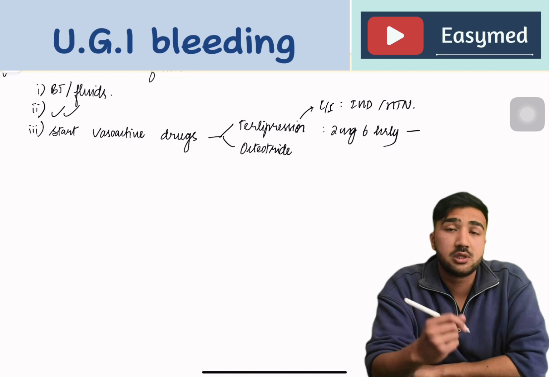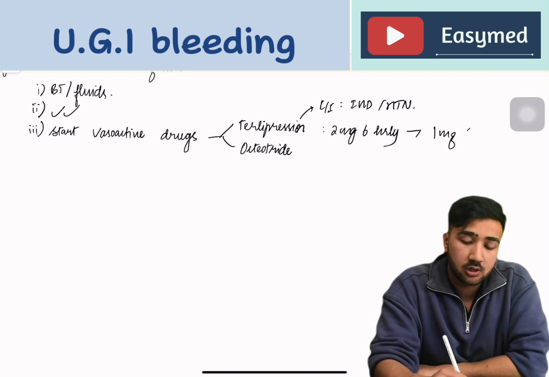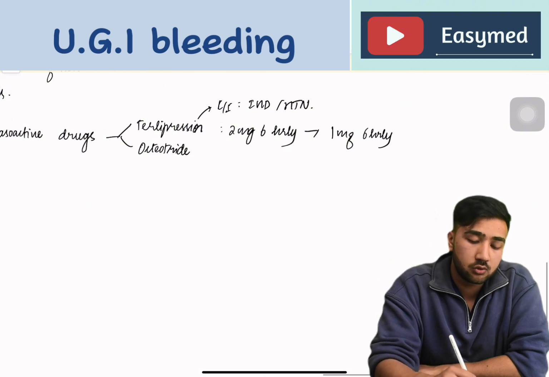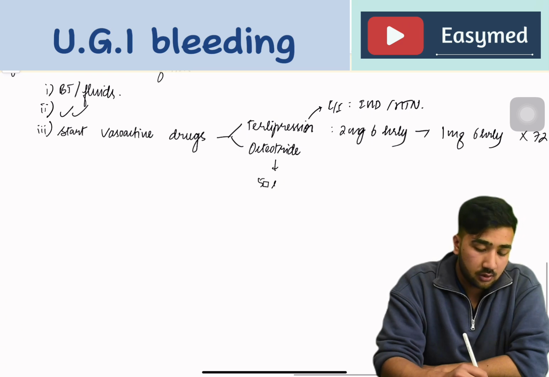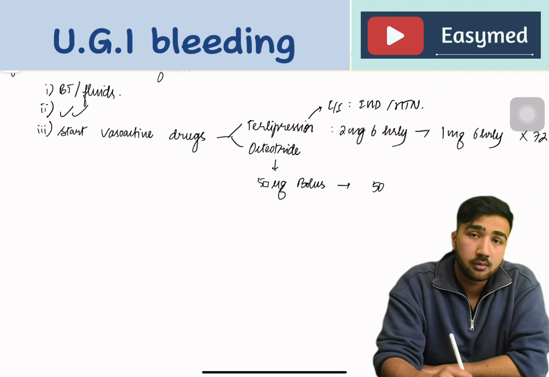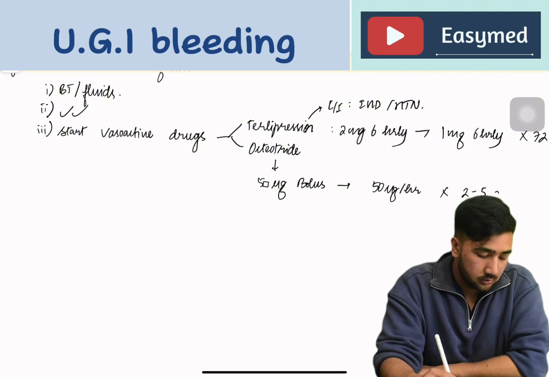It is initially given 2 mg 6 hourly, and then after the bleeding stops, it's given as 1 mg 6 hourly for 72 more hours after bleeding stops. And in case of octreotide, it's given as a 50 microgram bolus dose, followed by 50 microgram per hour for at least 2 to 5 days.